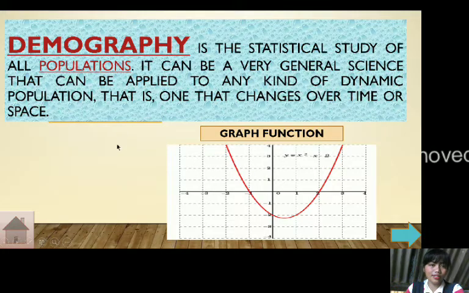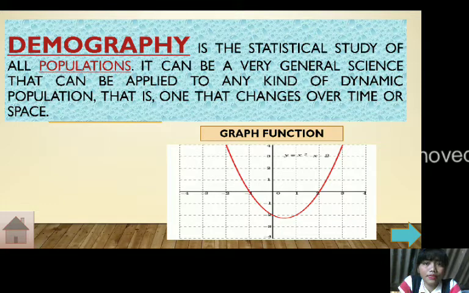Next is demography. What is the use of statistics in demography? Let's first define demography. Demography is the statistical data of all populations. It can be a very general science that can be applied to any kind of dynamic population, that is, one that changes over time or space.